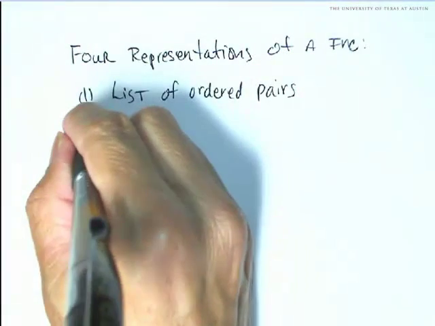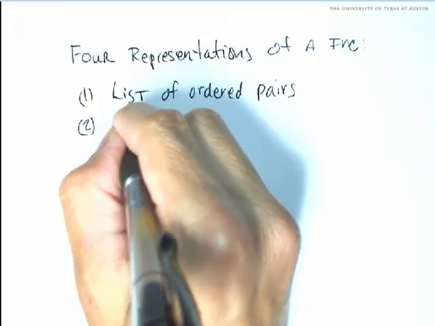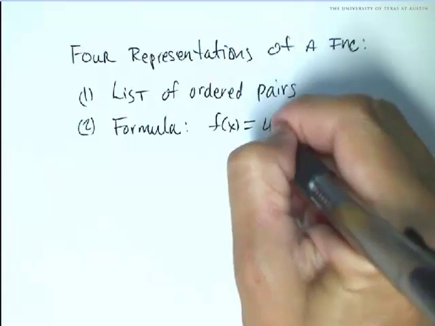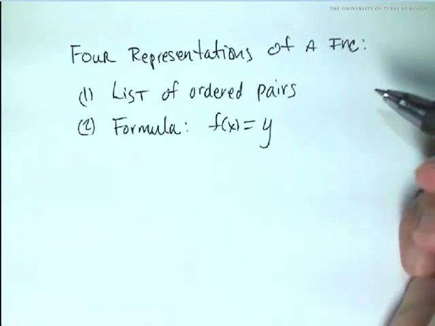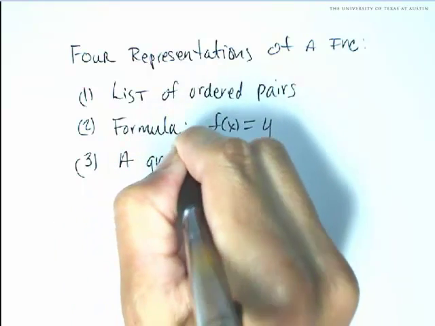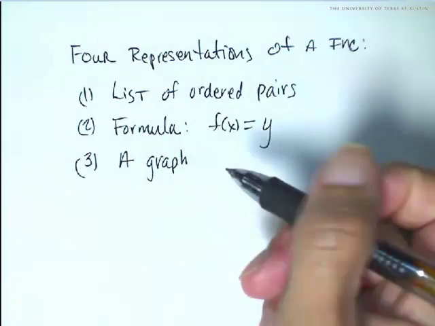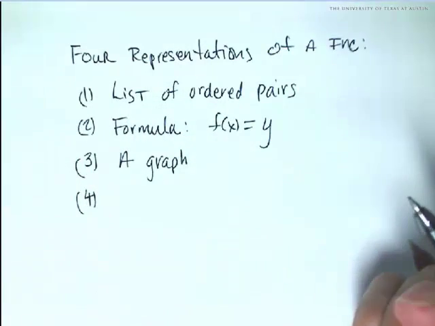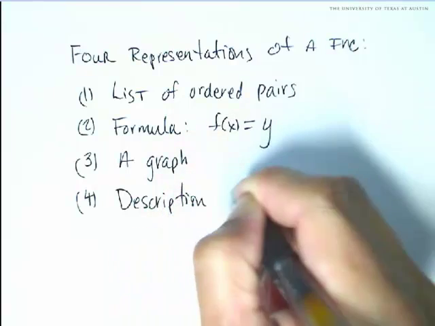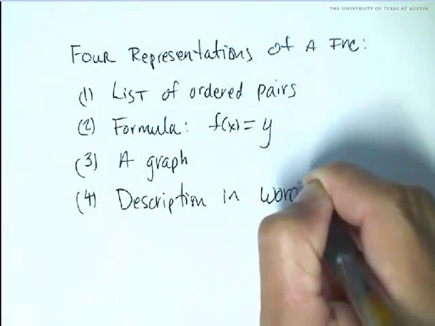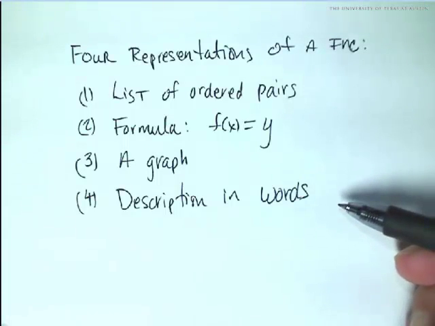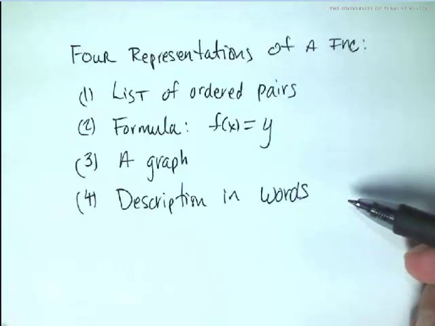The second was a formula, some f of x equals y, where we had a rule that was easy to determine. The third was a graph, probably our most favorite as it's a visual explanation. And the fourth, a description in words. Probably the hardest one because it's like a word problem, translating a real-life application to some mathematical meaning.